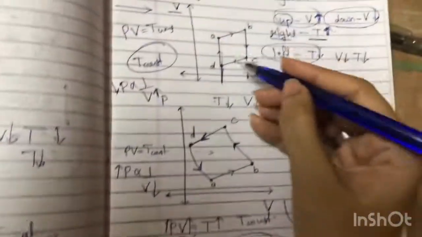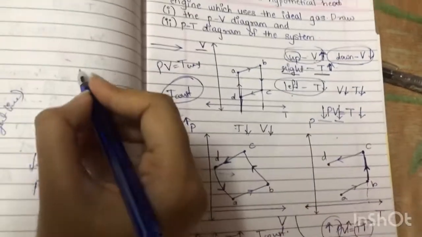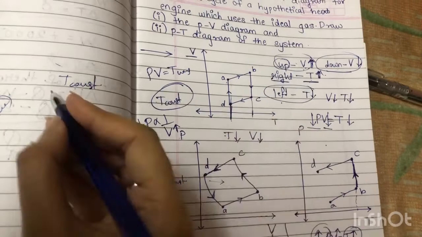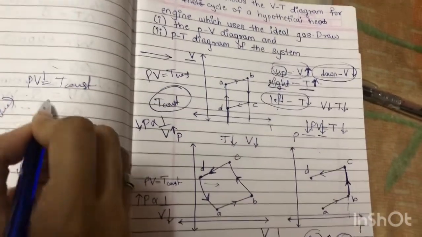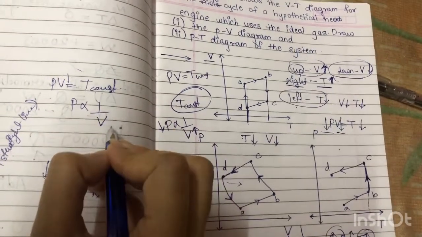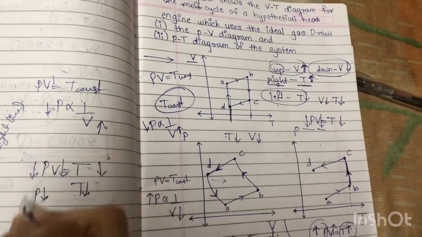Then when you check from D to A, temperature is constant, but the volume is increasing. So PV is equal to T. Can I write P is inversely proportional to volume? In this case, volume is increasing, so pressure will decrease.